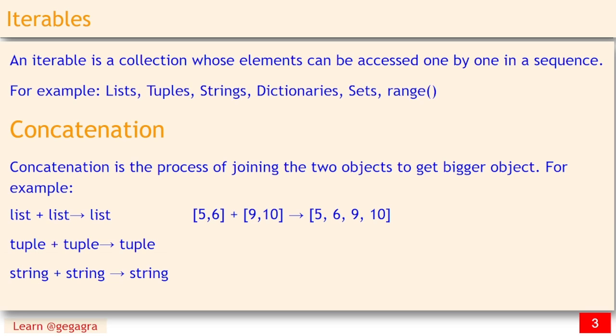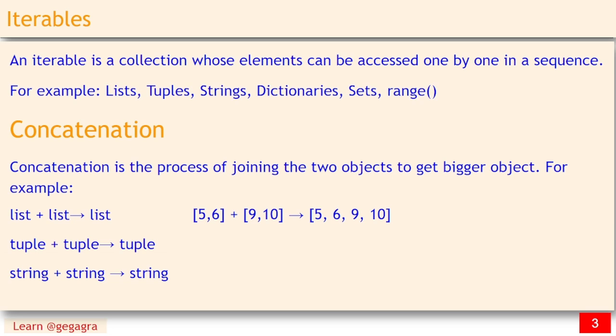So 5 and 6 belong to the first list and 9 and 10 belong to the second list. So the second list is added to the first list, and we can join these two lists. The first list will come first and the last list will come last.